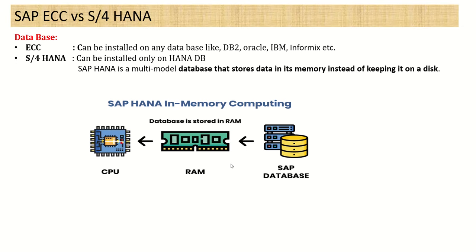So whenever we are processing or accessing the data, reading from RAM is very fast compared to the old disk concept. This is a major change in ECC versus S4 HANA. HANA DB here is a game changer from the performance point of view.